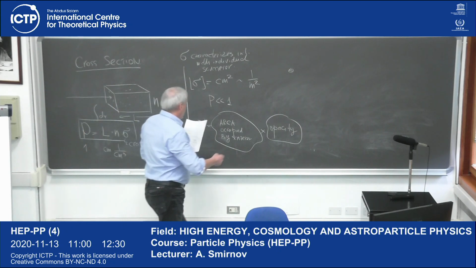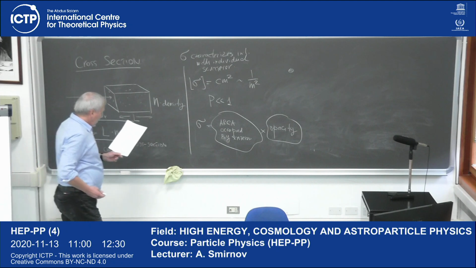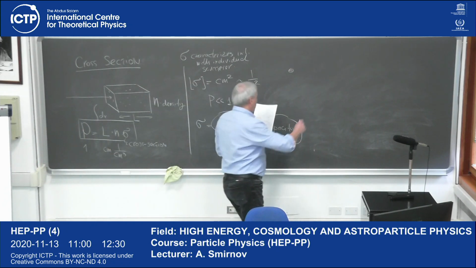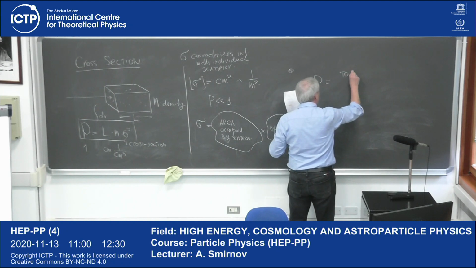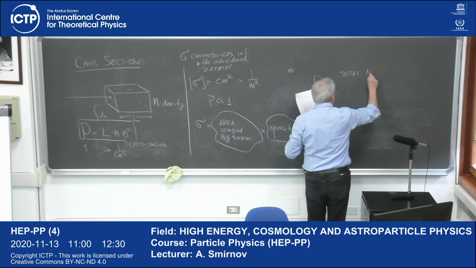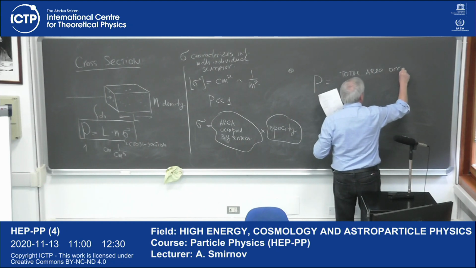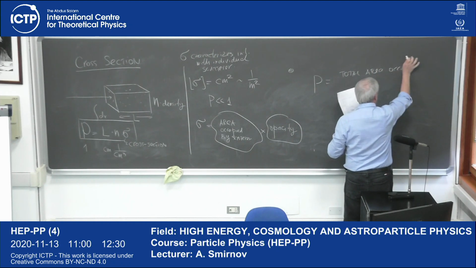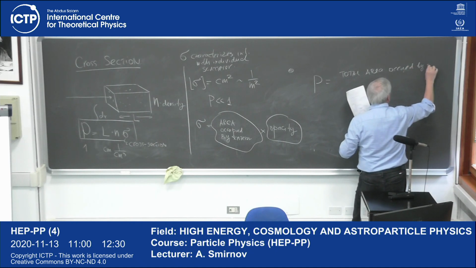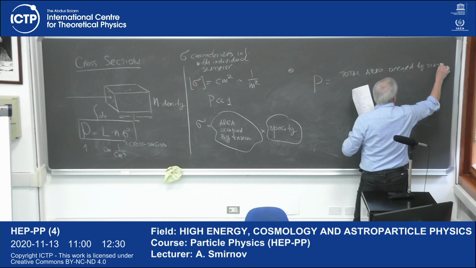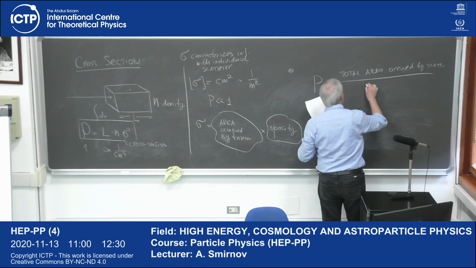Then the probability, now I'm coming to the interpretation of this formula, can be written as the total area occupied by scatterers over the total area.